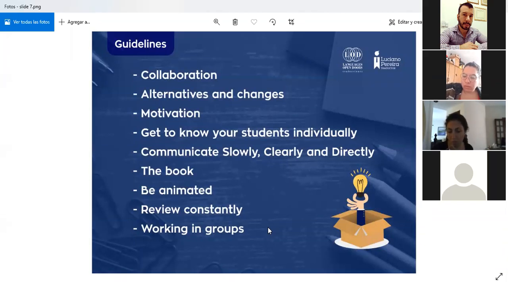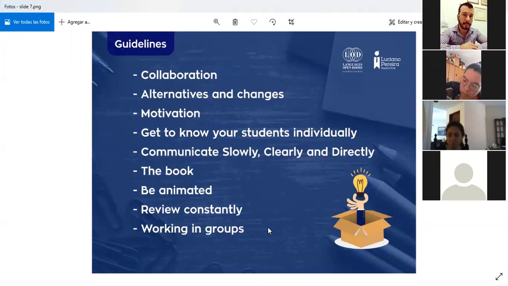And in this way, the students will interact with each other, and there will be an exchange of information and experiences which would be very profitable.